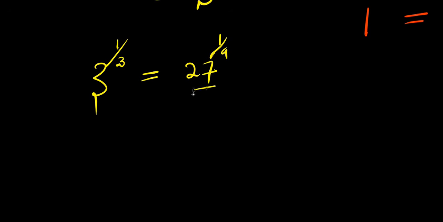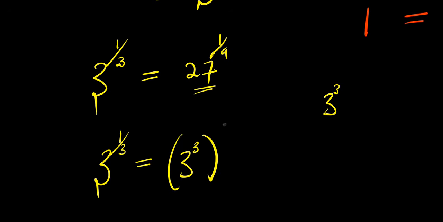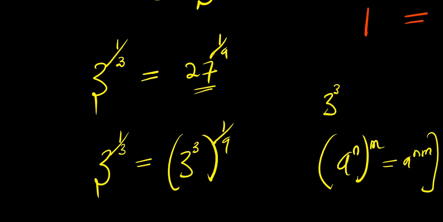Now, 27 here is 3 to the power of 3. That's 3 times 3 times 3. I have 3 power 1 over 3 equals 27, which is 3 to the power of 3, and this is to the power of 1 over 9. Now, if you have a power m raised to the power of n equals a power m times n.